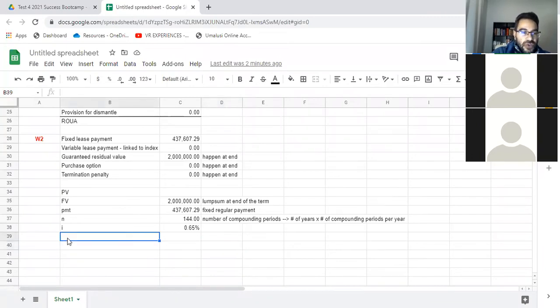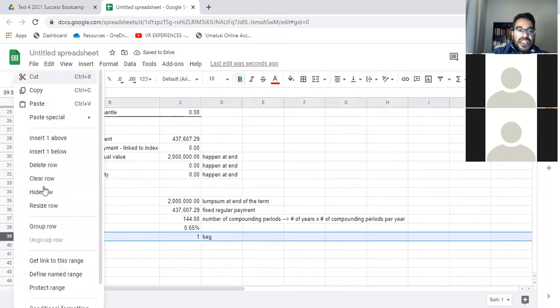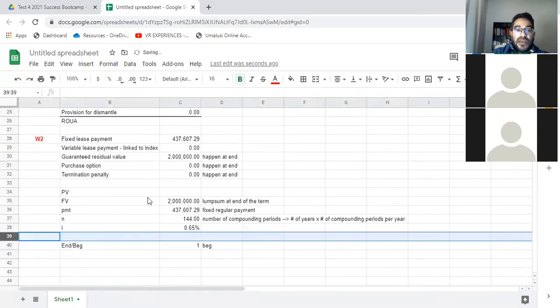What I'm going to do over here is indicate end or beginning. Remember, for Excel and for Google Sheets, beginning is 1. If it's at the end, it is 0.